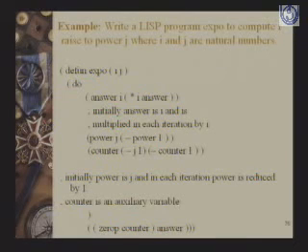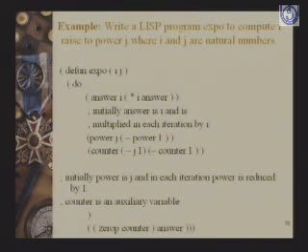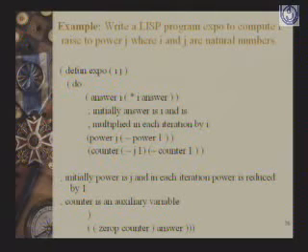For example, if I is 2 and j is 3, then this function will compute 2 raised to power 3, that is, it should return 8. Similarly, if I is equal to 4 and j is equal to 4, then it should return 256, that is 4 raised to power 4.